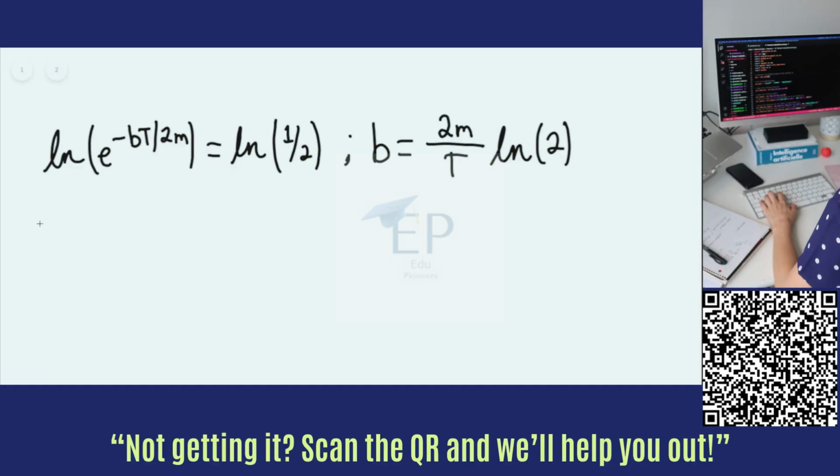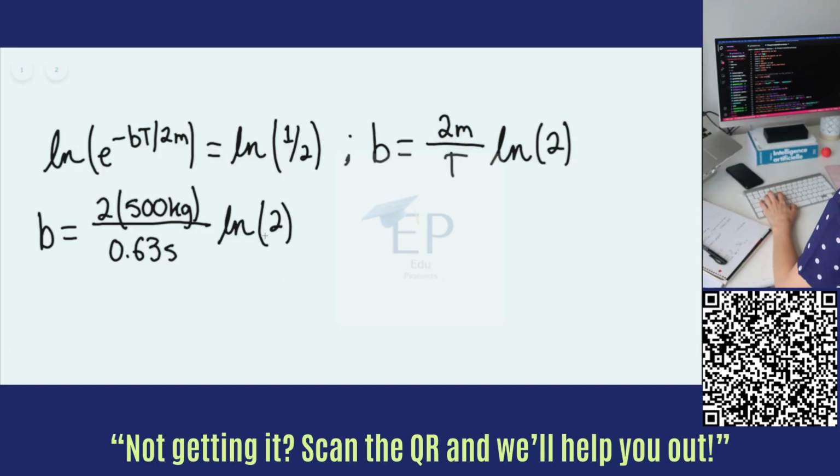So b is equal to 2 times 500 kilograms divided by 0.63 seconds multiplied by the natural log of 2. It's approximately 0.69, but we can just leave it as the natural log of 2. And this is going to be approximately equal to 1.1 times 10 to the 3 kilograms per second.